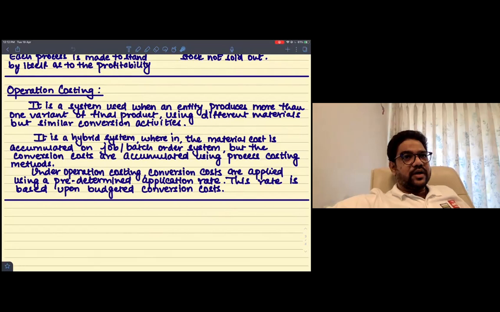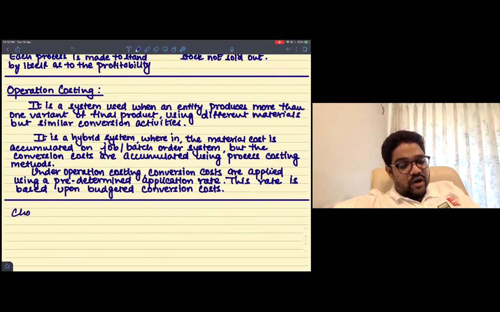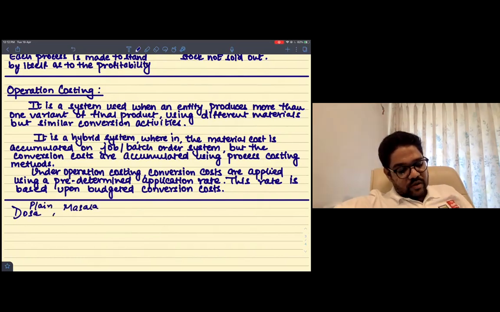For example, let's say you're making a dosa: a plain dosa, a masala dosa, a penne dosa, a penne masala dosa.